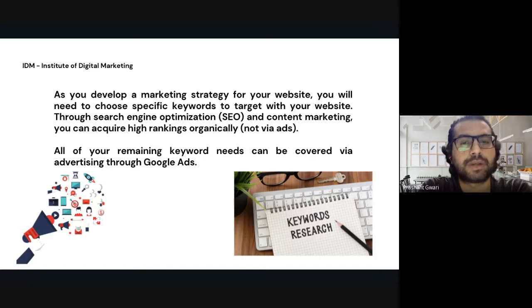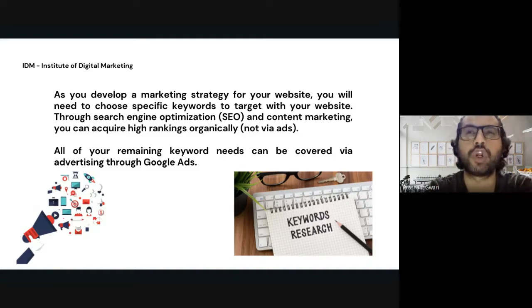So with search engine optimization and content marketing, you can acquire high rankings organically, not via ads. Using those keywords in SEO, and when you are doing content marketing or writing content, you can acquire high ranks. Let's say, for example, digital marketing has a search volume of around 3 lakh to 4 lakh per month.